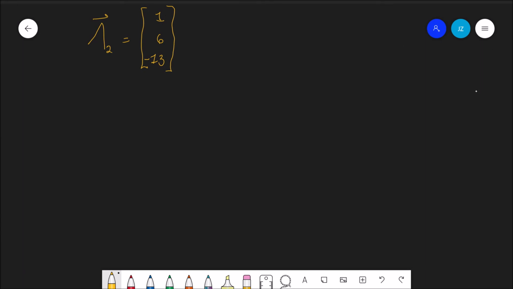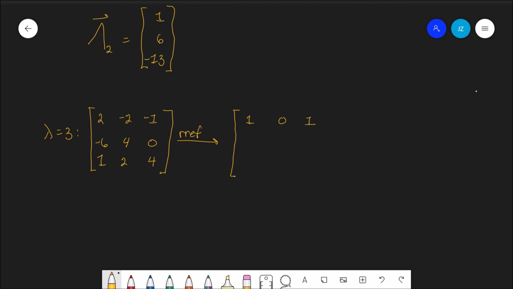Finally, consider the eigenvalue 3. We'll have a 3 by 3, 2, negative 1, negative 6, 4, 0, 1, 2, 4, which will reduce to 1, 0, 1, 0, 1, 3 halves, 0, 0, and 0.